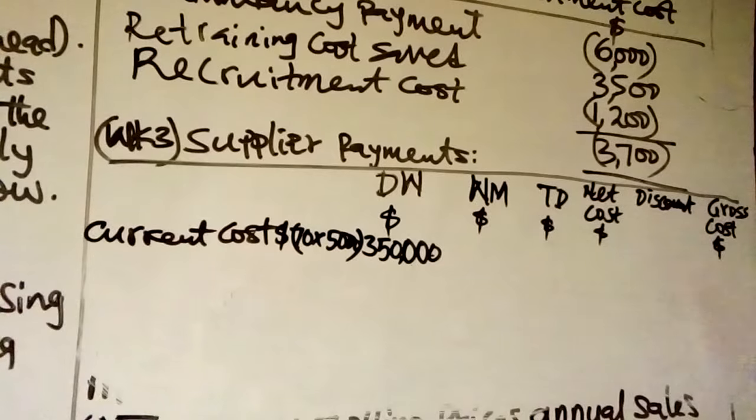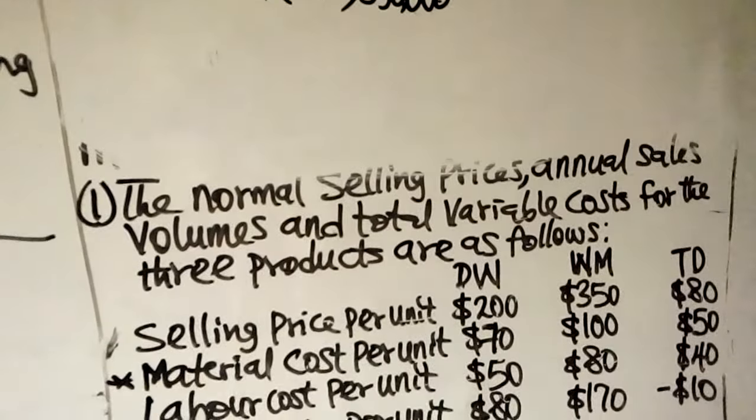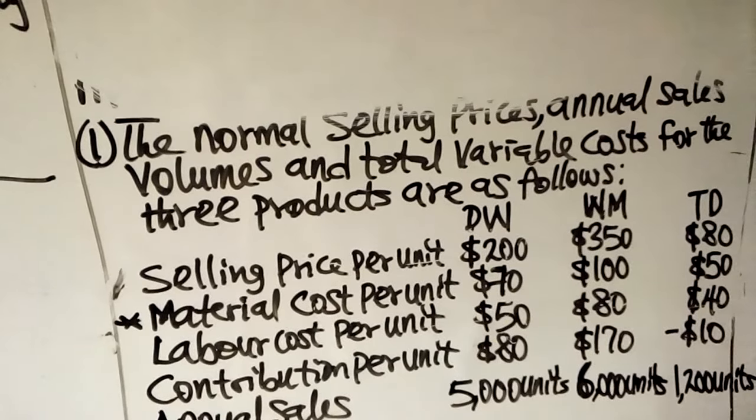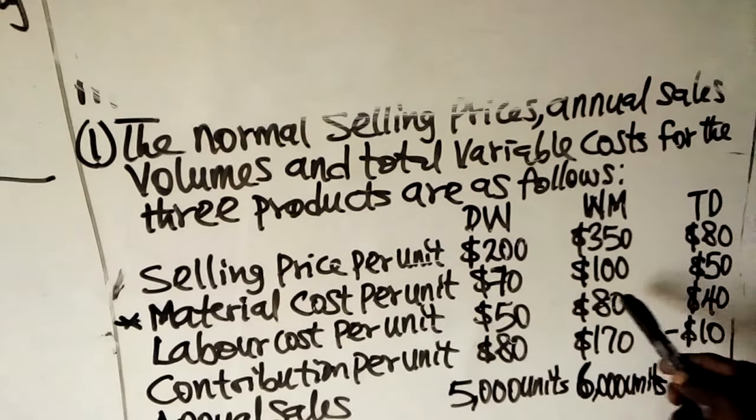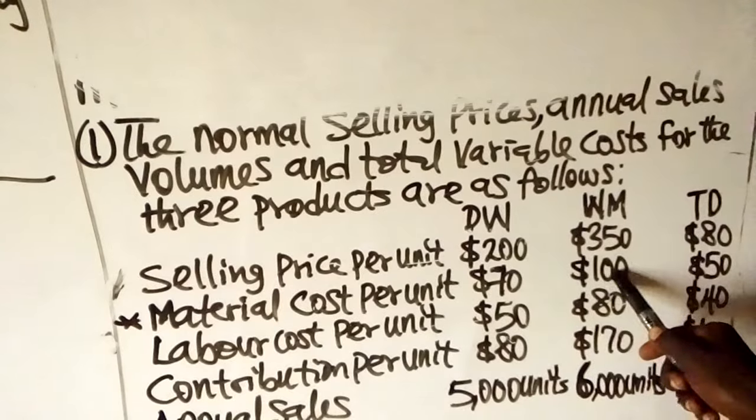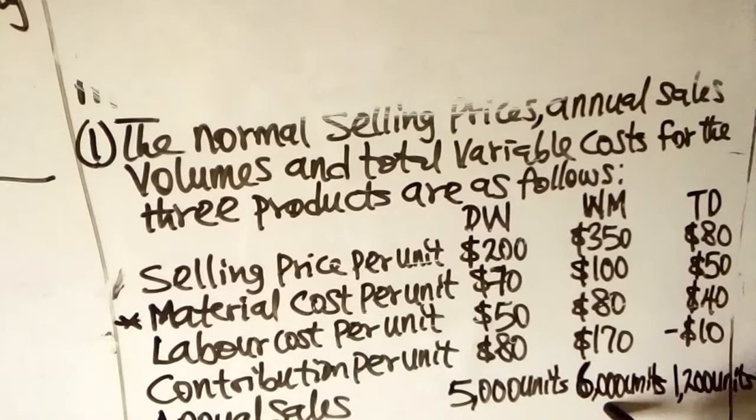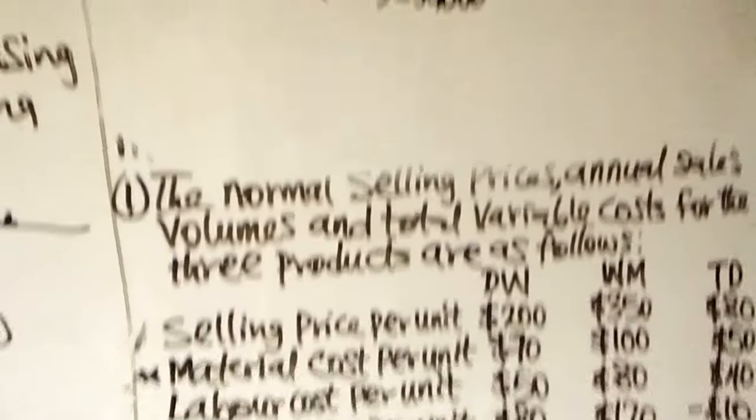Others will be calculated the same way. For WM, we have materials, which is 100 times 6,000. That will be 600,000.